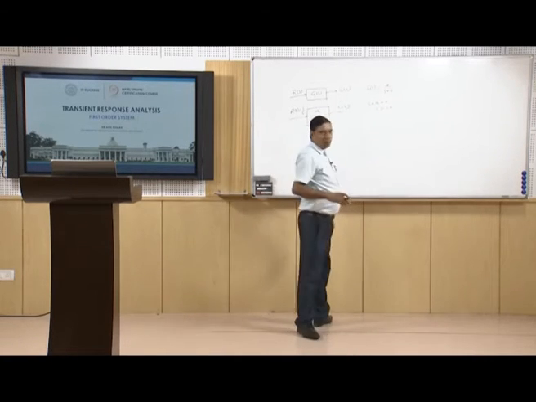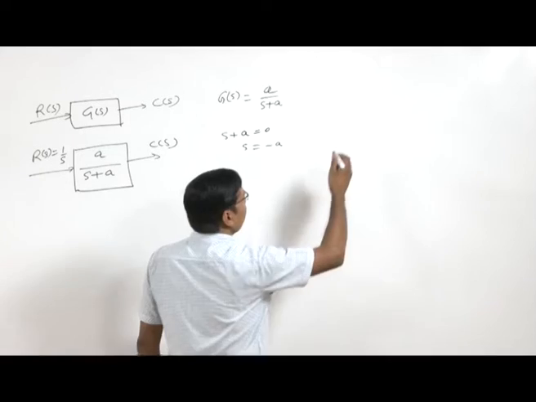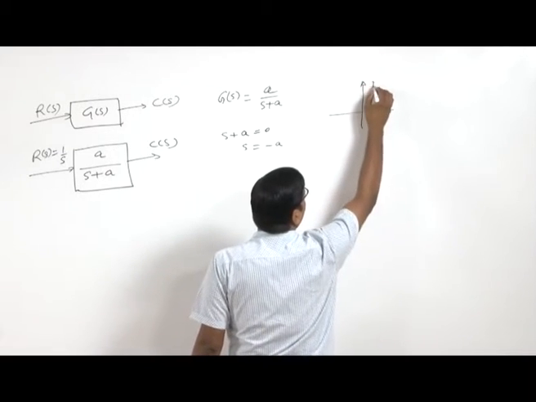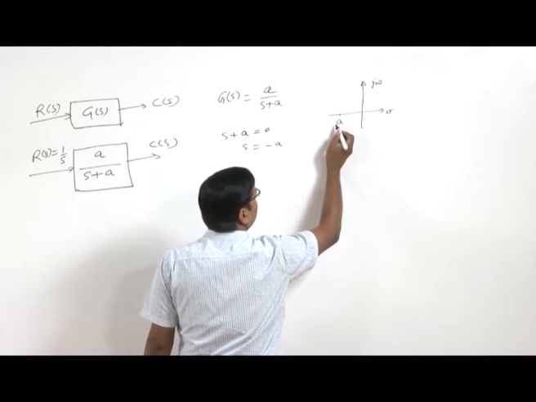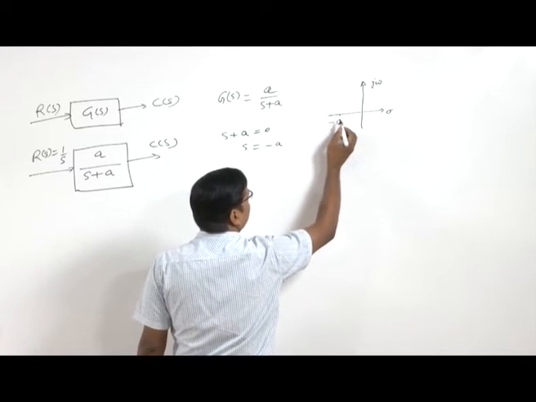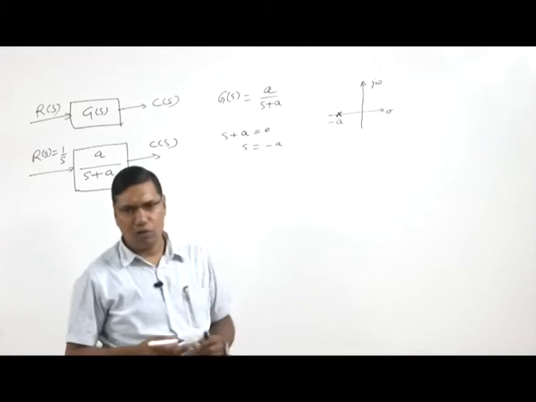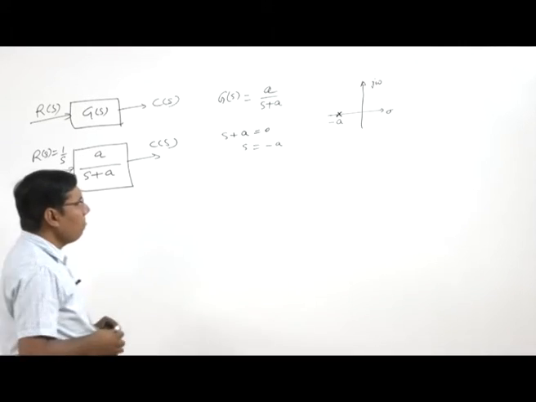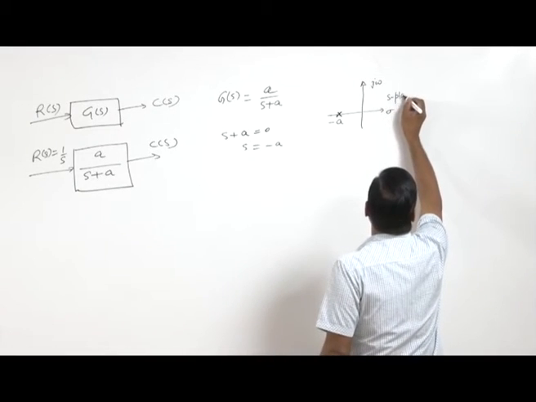This is the pole of this first order system, and if we plot it on the s plane, this is minus a, and we represent the pole as a cross.